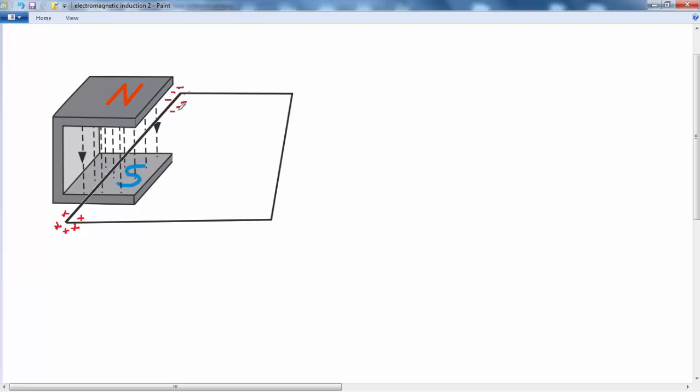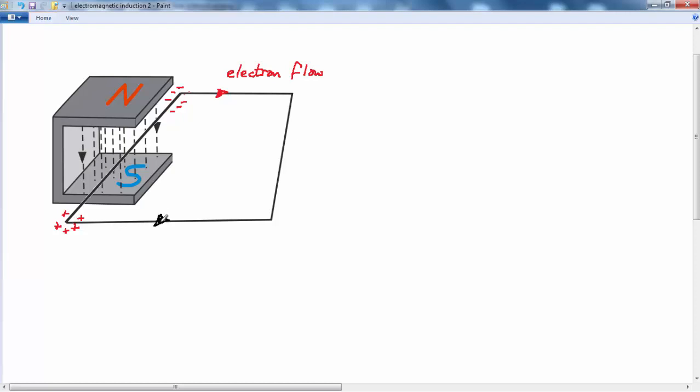This build-up of negative charge here will force the electrons to move in this direction. That's going to be the direction of the electron flow. So they're going to be pushed around the circuit in that way, but remember that the conventional current direction in electricity is always opposite to the electron flow. So by convention, the current will flow from positive to negative.